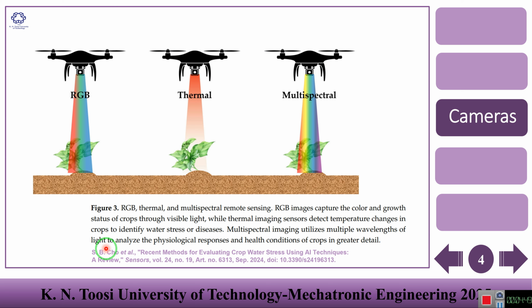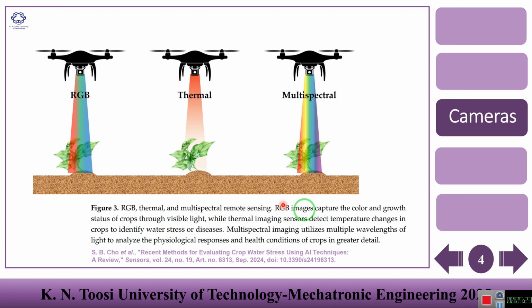There were 4 cameras that I mentioned before, but here in this photo we have 3 different cameras, which you can consider as sensors, remote sensing objects. The first one is RGB, which is the usual and mostly used one among all these three, and I will mention why it is like that.